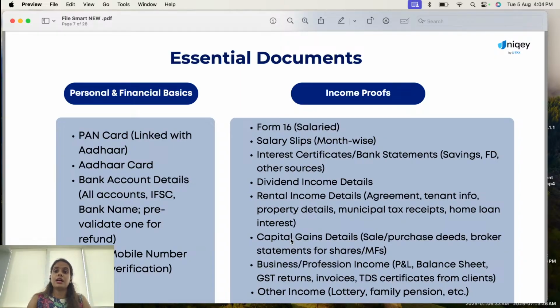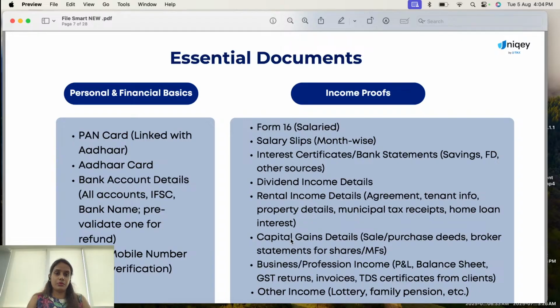Then bank account details like all your accounts, IFSC, bank name, and pre-validation is also compulsory, at least for the one account in which we want our refund. And we need to validate our mobile number with the e-verification process. So these are the personal and financial basics.